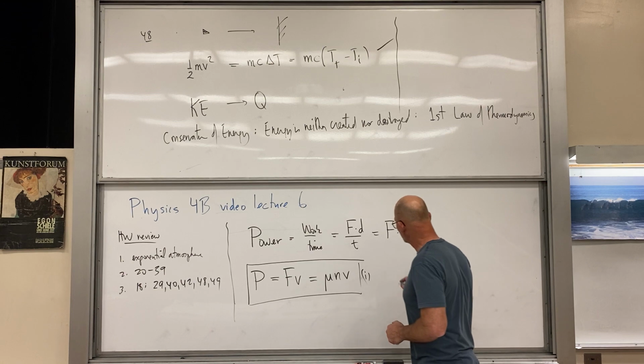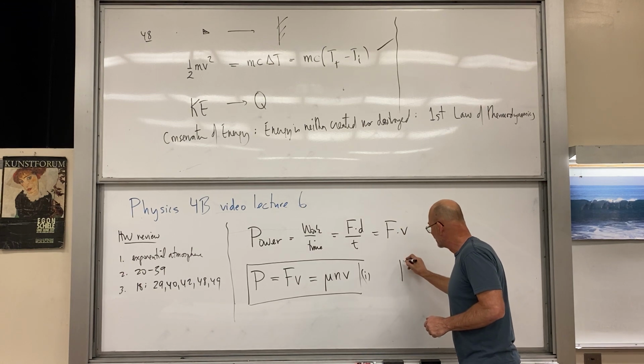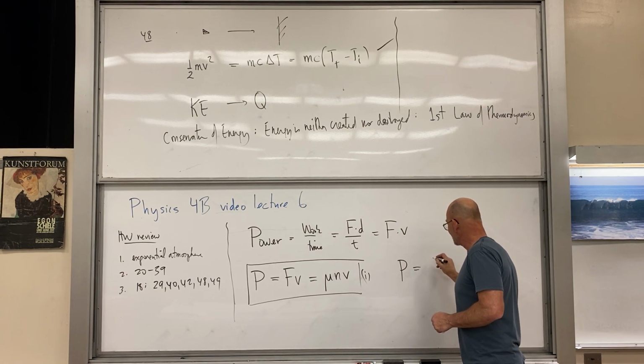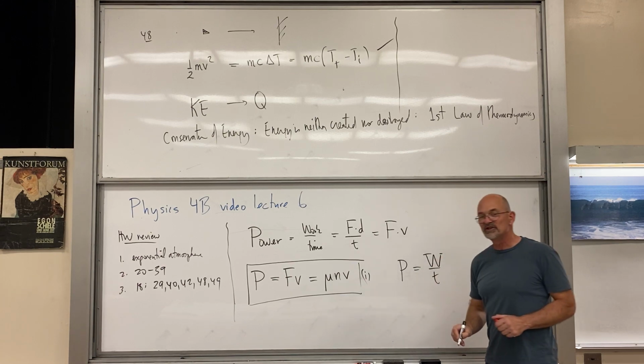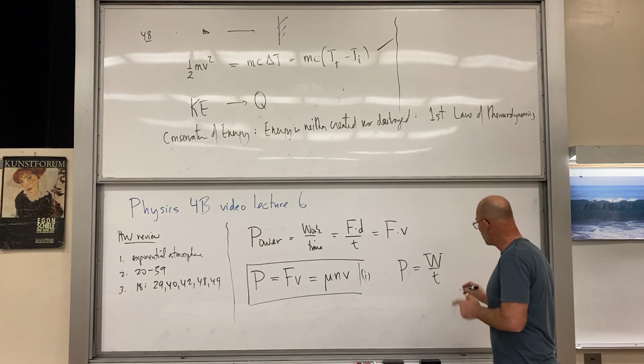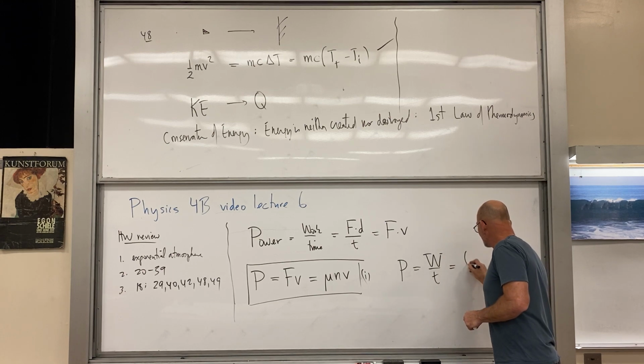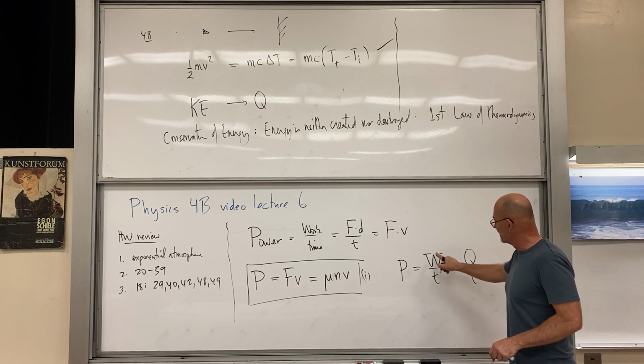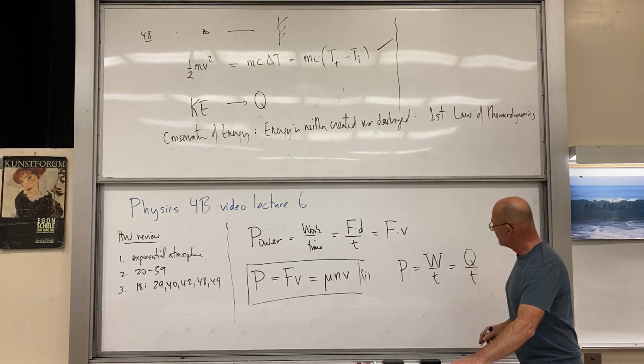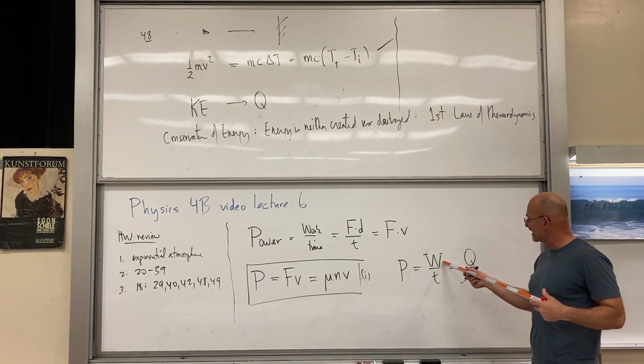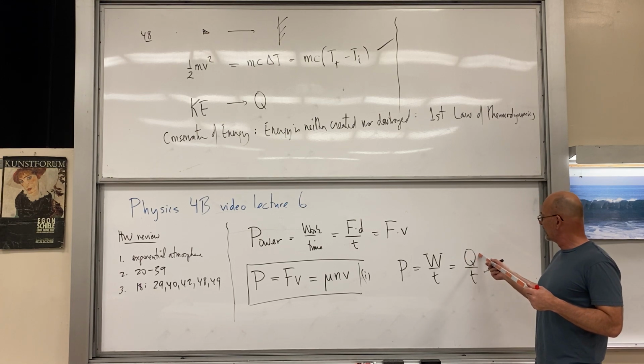Now the other aspect of power is that it is work per time, or energy per time. But we can also say it is thermal energy per time. So this would be power, you know, just mechanically, but this would be thermally, okay?